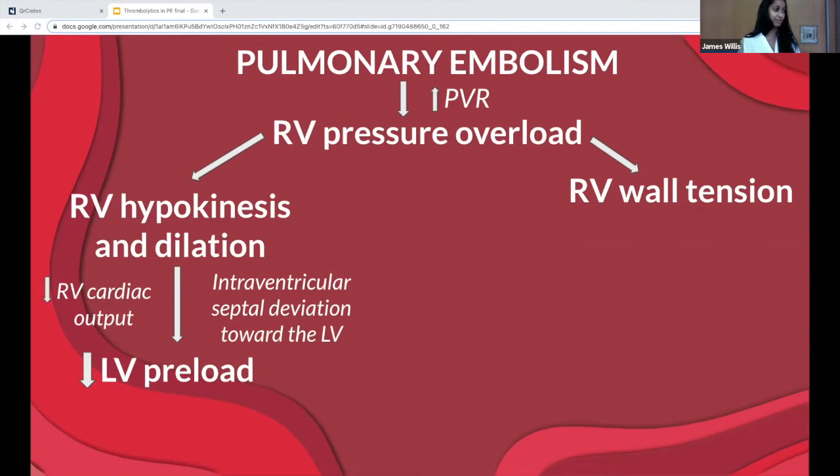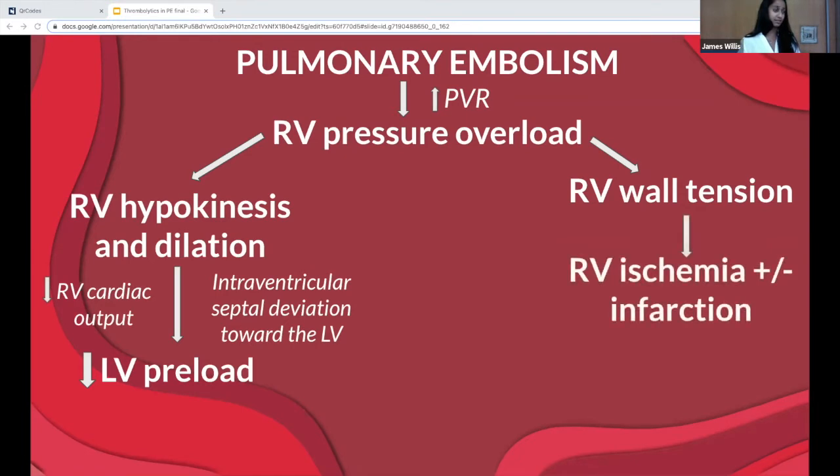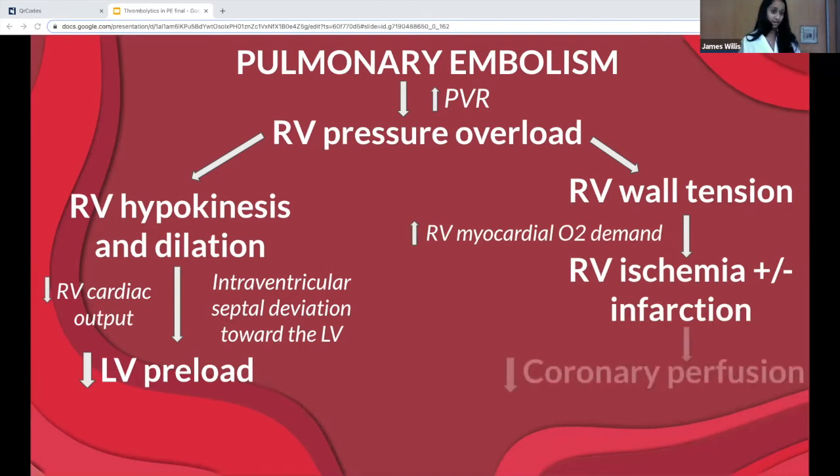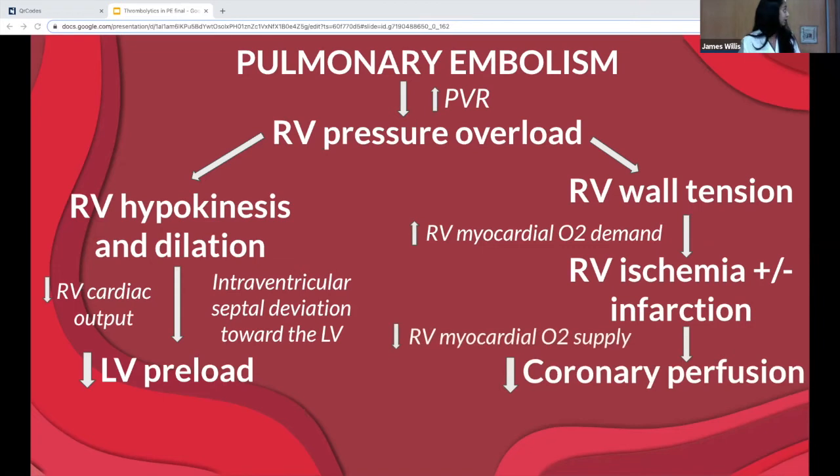In terms of the right ventricular wall tension, this causes right ventricular ischemia plus or minus infarction due to an increase in oxygen demand of the right ventricle myocardium, which then leads to decreased coronary perfusion due to a decrease in oxygen supply in the right ventricular myocardium.